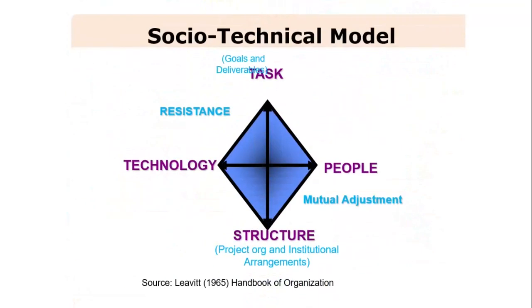So there are four elements that you need to think of. What is the task, and then what is the structure that you would follow with the task, how you manage people, are you working across institutions, across countries, or just a cross-functional team, the people, what type of skills they have so they can use the right technology, what sort of technologies we need to deliver this task.